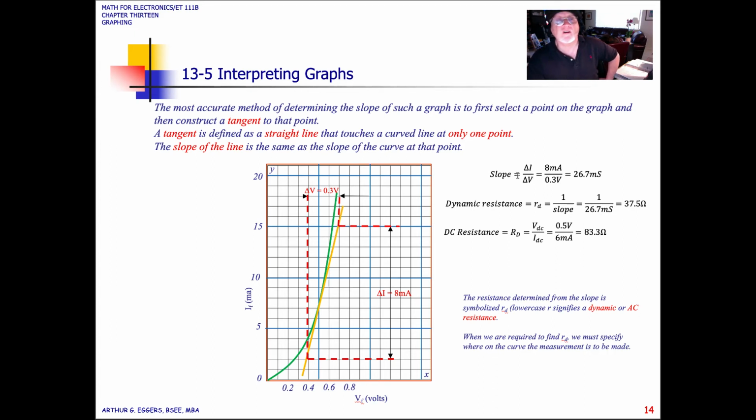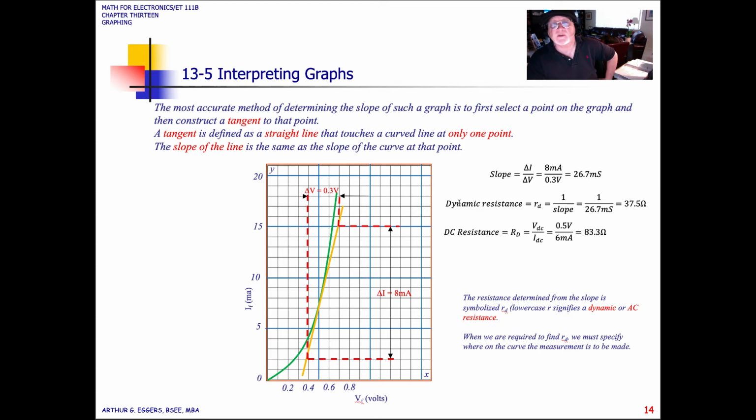So when we solve for this slope of the line, we end up with the change in current divided by the change in voltage. 8 milliamps divided by 0.3 of a volt gives us 26.7 millisiemens of conductance. So in this case, we have two different factors.